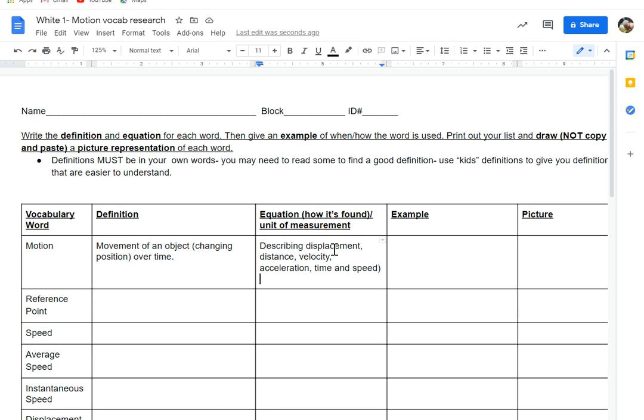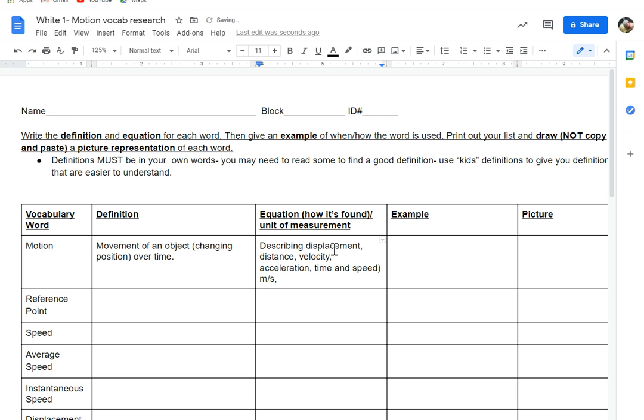What do we measure distance in? Meters, right? So it's meters divided by our time. What do we measure time in? Seconds. So meters per second. So that would be our velocity or our speed.